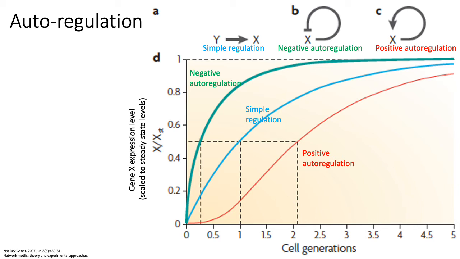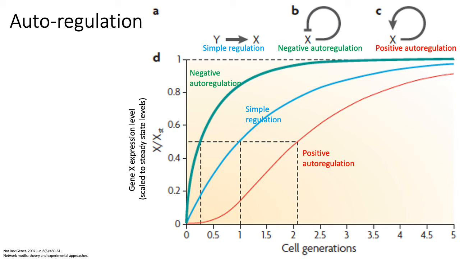And so essentially negative autoregulation means that gene X tends to peak at its steady state very fast. Whereas in contrast with positive autoregulation, the promoter, the binding site of, say, X on itself tends to be a little bit weaker.